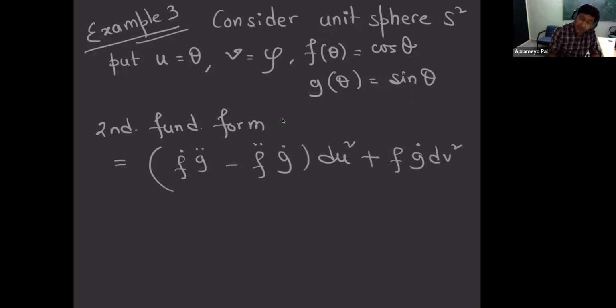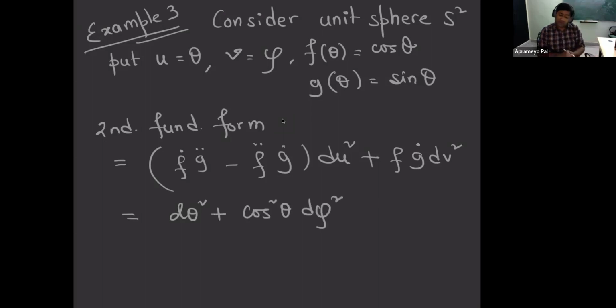Now if you just compute this, you would see this is nothing but d theta square plus cos square theta d phi square. You just substitute all this.